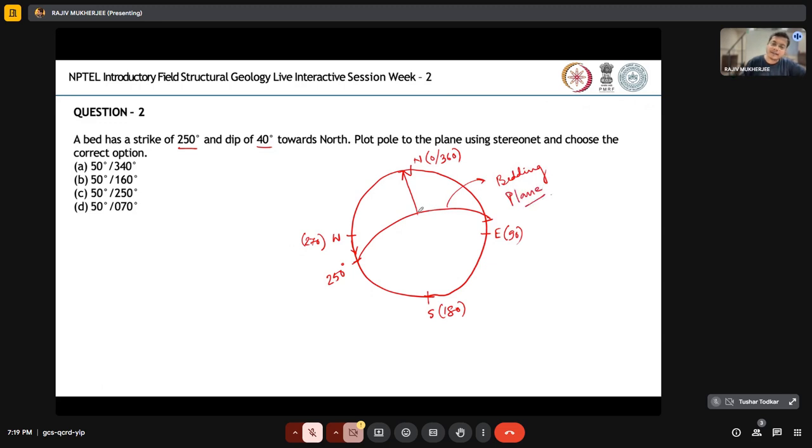Now pole means, so if this is a plane, it has 3 axes, right? So pole means perpendicular to this plane.